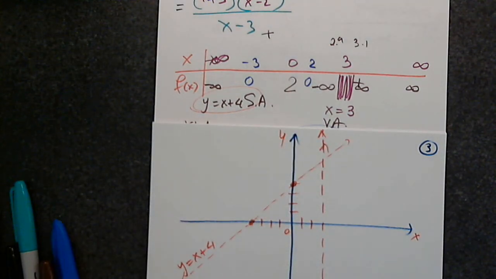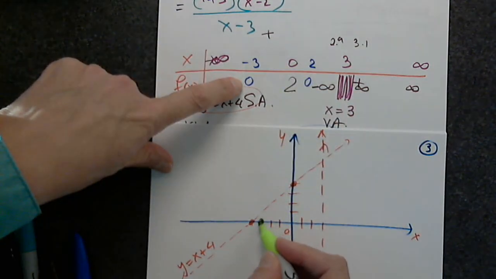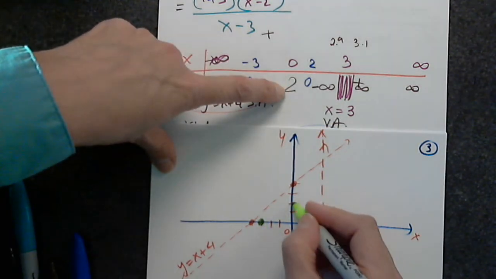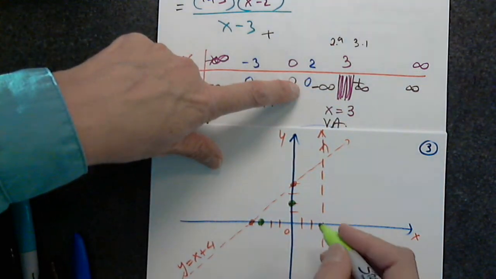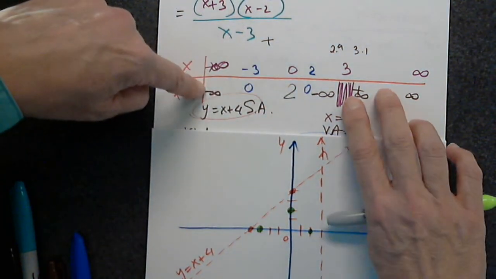Okay, now let's try and make sense of the information we have here. Let's see if it works. Ready? Okay. So I have to plot the point -3, 0. No problem. I did. I have to plot the point 0, 2. No problem. I did. And then 2, 0. Now let's see what we see here.